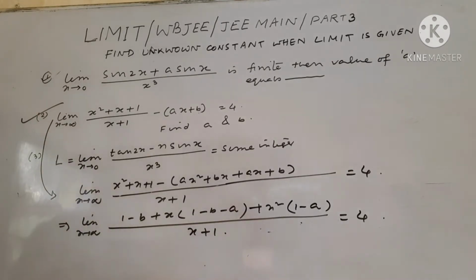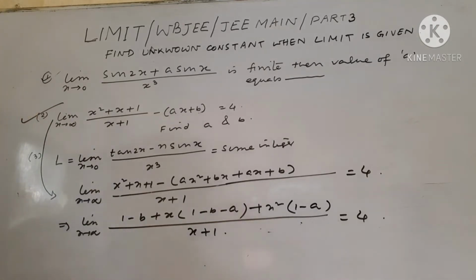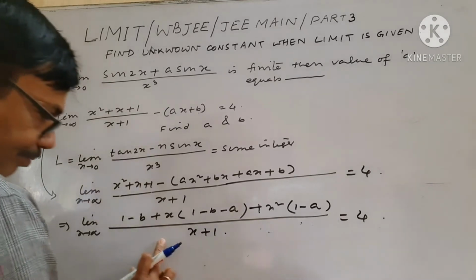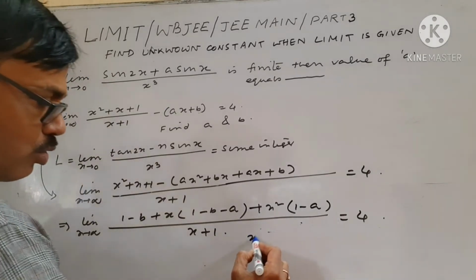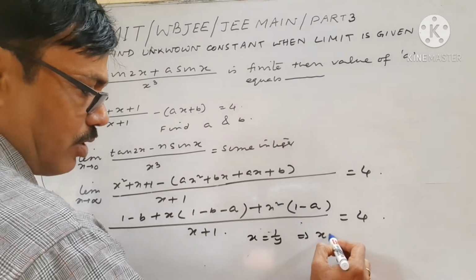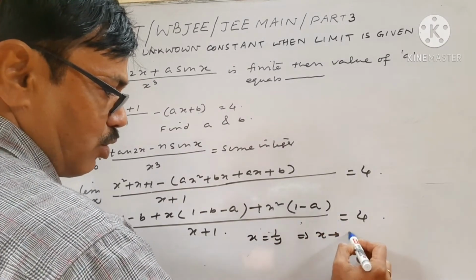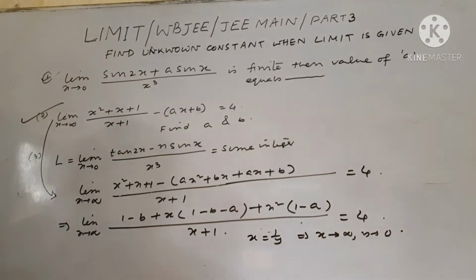Now x tends to infinity. So take x equals to 1 by y. This implies x tends to infinity, y tends to 0.